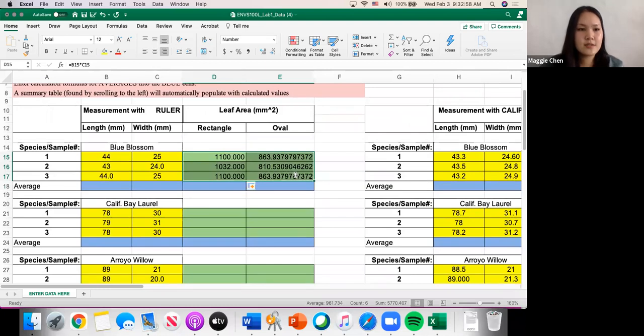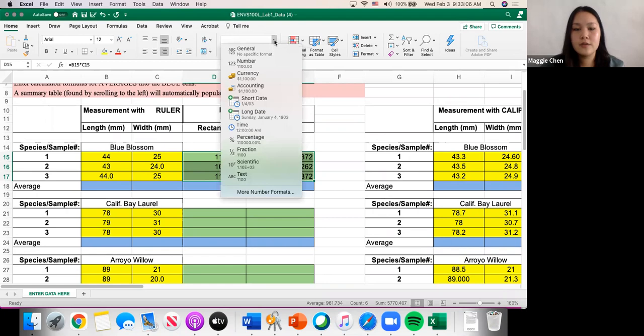And after you select them, under the Home tab, in around the middle here where it says number, if you click on this arrow on this side, you can format the numbers that you've selected. So at the bottom, under general, there's number, currency, and all the way at the bottom, right above text, there's scientific. And if we select that, it'll put the numbers that we've selected into scientific notation.